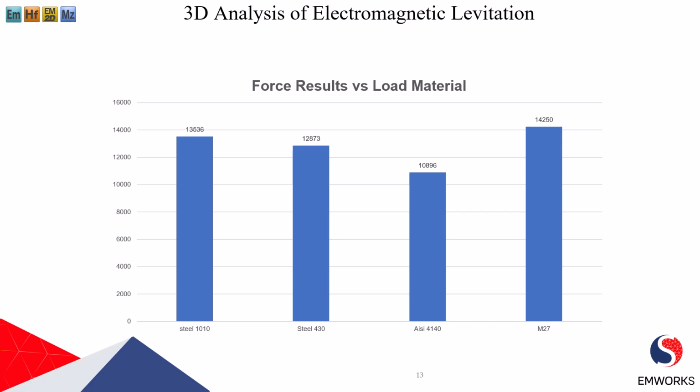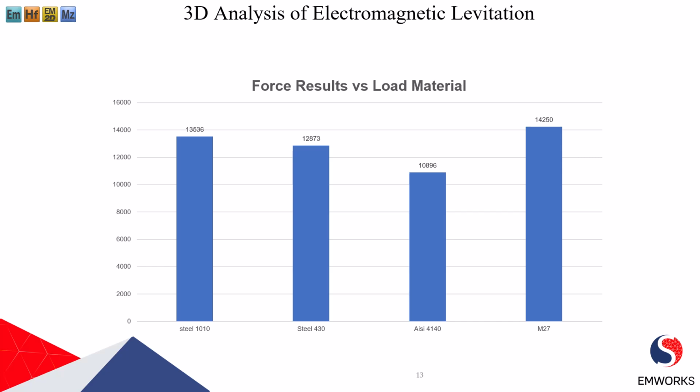In the case of steel 4140, we see a difference of around 3000 Newton compared to the M27, or compared to the steel 1010, which represents maybe around 2000 Newton. This can be critical in certain applications and can be neglected in others.